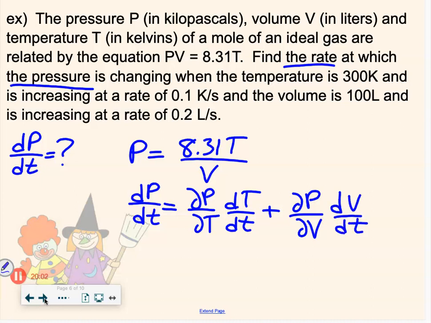It's just all the partials of all your input variables times their derivatives with respect to their input variables, right?